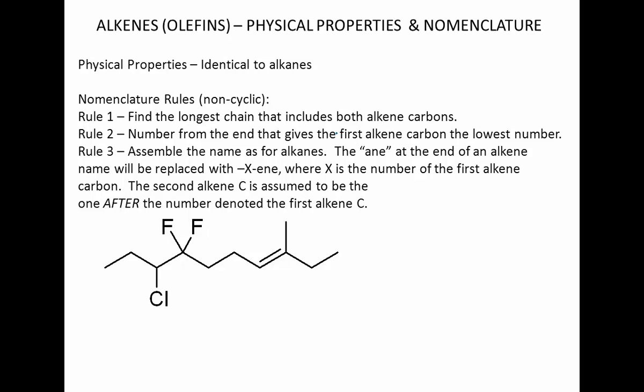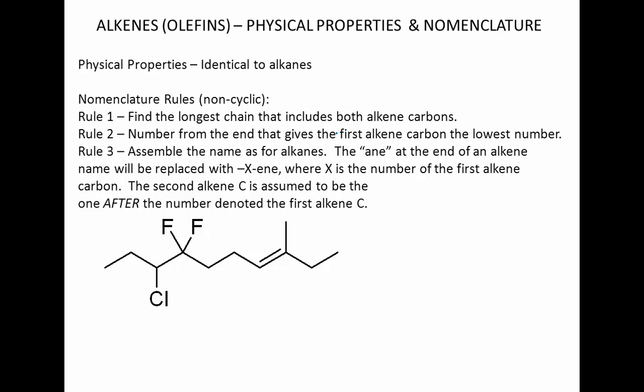The second alkene carbon is assumed to be the number after the first alkene carbon. So even though an alkene is occurring over 2 carbons, only one number is going to be used to locate the position of the alkene.